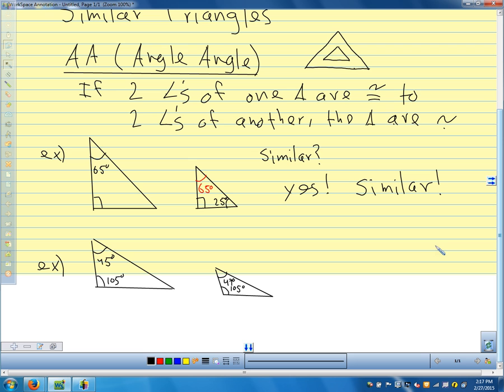No. Because if these three angles have to add up to 180, and these three have to add up to 180, can this angle and this angle be the same? No. So these are not similar. They're close to being similar, but not exactly. All right, are we good there? Angle, angle, pretty easy idea.